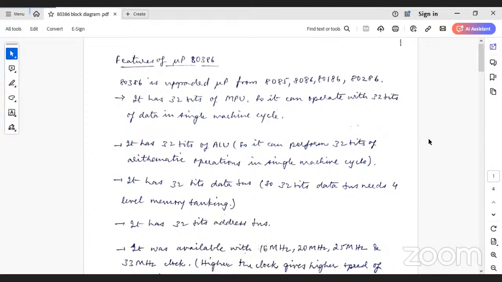And so it can operate with 32 bits of data in a single machine cycle. You have to note this point also, that it can work with 32 bits. Means if you are adding two numbers, the two numbers are of size 32 bits, so at a time you can add 32 bits together.